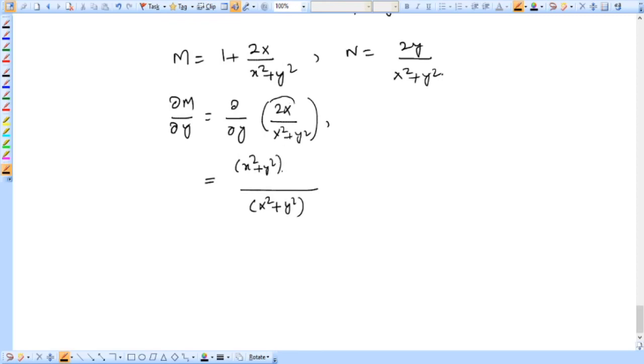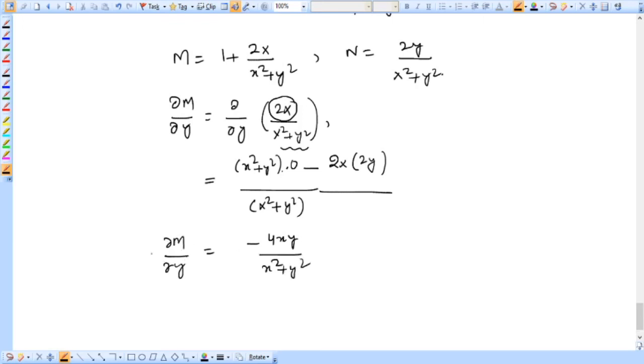Differentiation of this thing is equal to 0 because it is independent of y, minus 2x as it is differentiation of this function, so it would be equal to 2y. So it is equal to minus 4xy over (x square plus y square) square, ∂M/∂y, right?